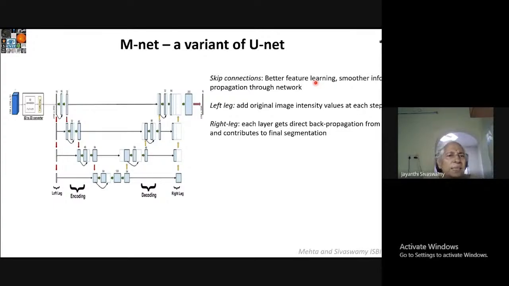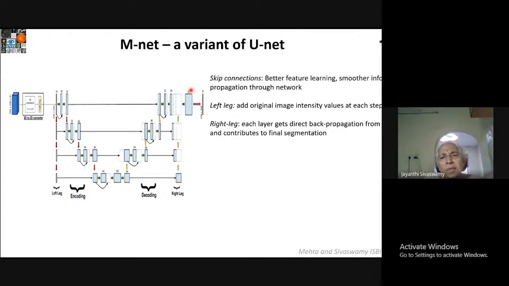The left leg basically takes the original image and adds its values to the next block and so on. So across each of these 4 blocks, I am actually taking the original intensity value and passing it on. So that helps. And finally, the right leg basically gets direct back propagation from the output and contributes to the final segmentation, which is happening here.